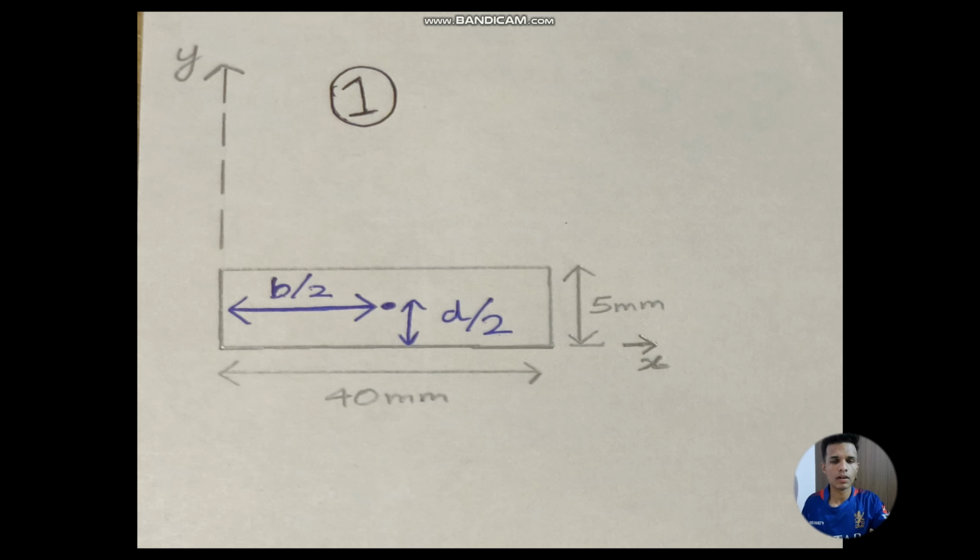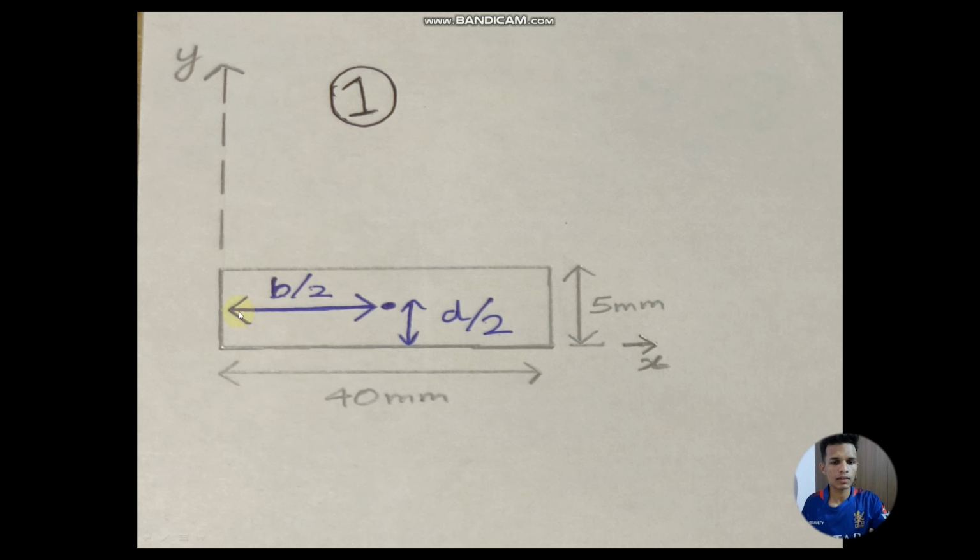First one is a rectangle. This rectangle has a breadth of 40 millimeter and 5 mm in depth. Talking about the centroid of this rectangle, we need to divide depth by 2 for getting the distance between the centroid and the x-axis, and for the distance from the centroid to the y-axis we need to divide breadth by 2.